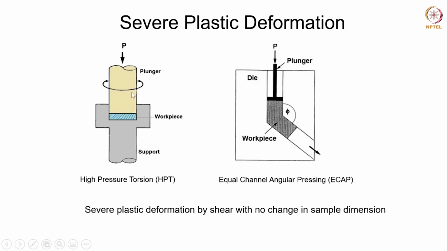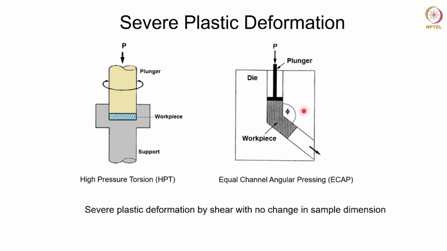This is the workpiece that you have, which is being deformed in a die, and then it is rotated, and at the same time a vertical load is applied simultaneously on the workpiece. As that occurs, it will lead to a torsion and generate a very high amount of strain into the material, leading to severe plastic deformation, and that would in turn lead to grain refinement.